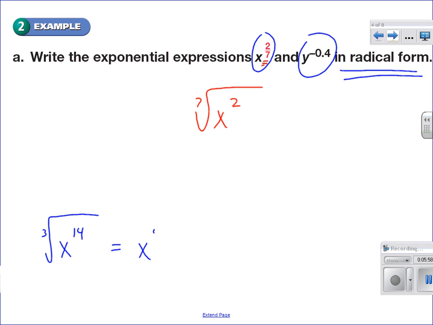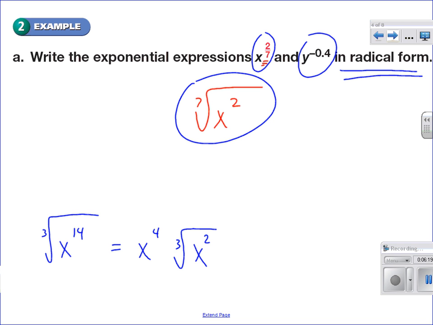So x to the fourth comes out, and 2 were left over. So x squared goes there. Well, we're using this same idea here. If I'm going to say my final answer is x to the 2/7, then I can see that's less than 1x there. I couldn't simplify that any further.